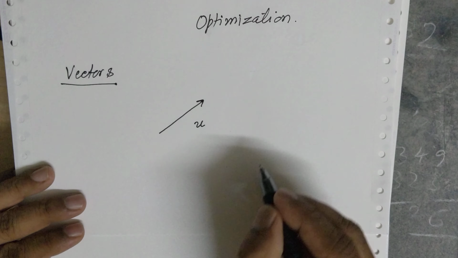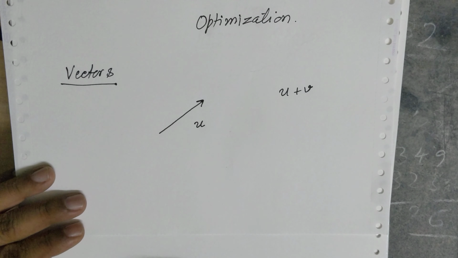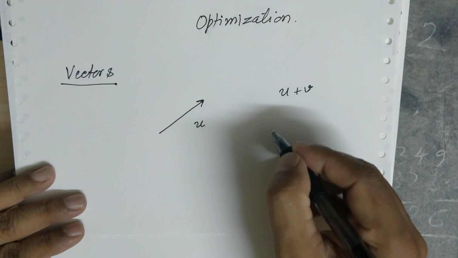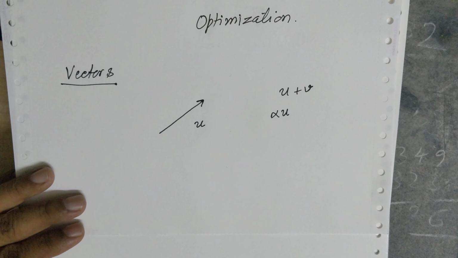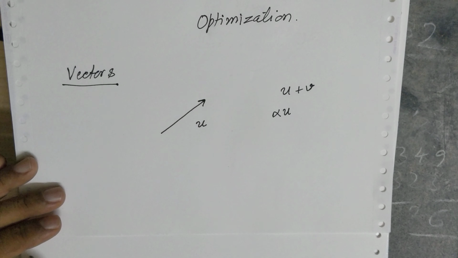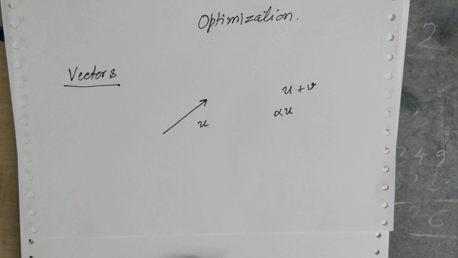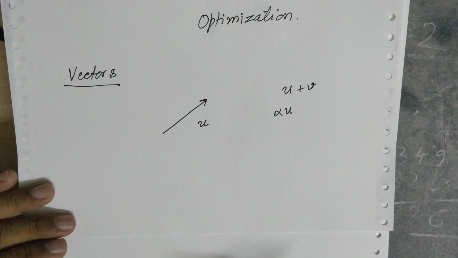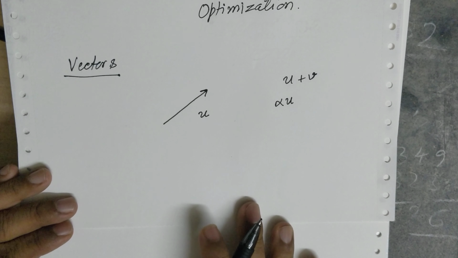For example, adding two vectors, multiplying the vector by a scalar, for example alpha times u, and so on. We want to do all this very conveniently, and a placeholder kind of concept is very convenient for doing all these things.